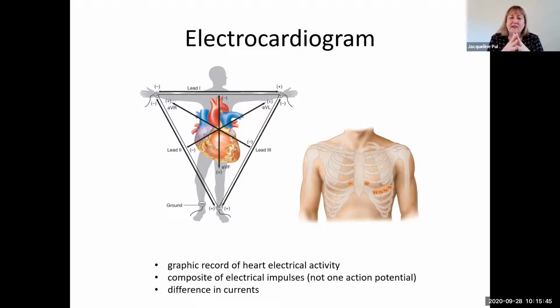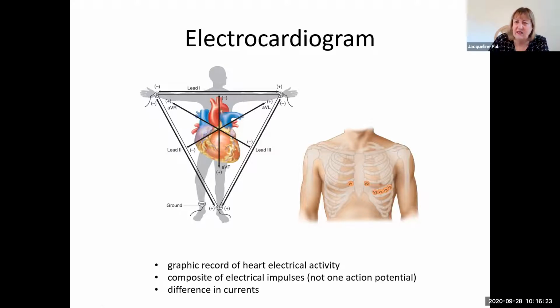And then from these different recording devices, 6 on the chest and 4 on the limbs, we get what we call 12 EKG leads, which are basically looking at patterns of flow from one monitoring spot to another. So for example, this picture on the left is showing you 6 of the various leads.